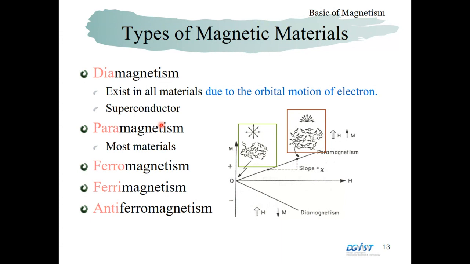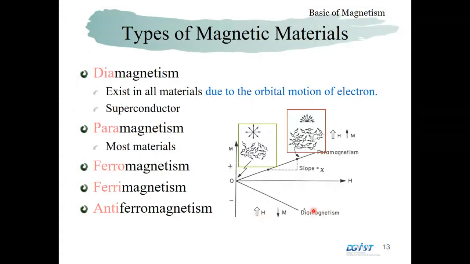Because of this Meissner effect, there is a very strong repulsive force between the superconductor and the magnetic field. So there is a hovering effect, a kind of levitation.